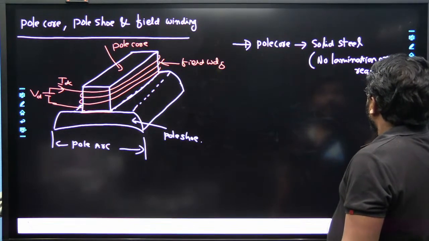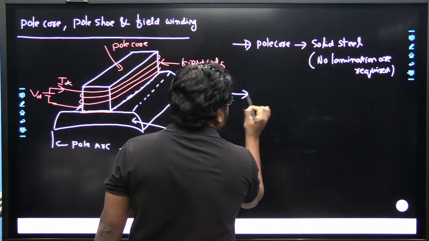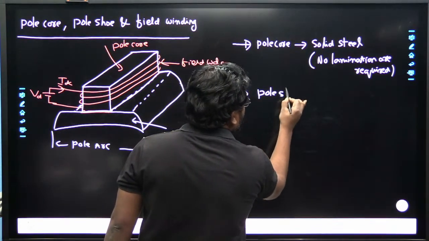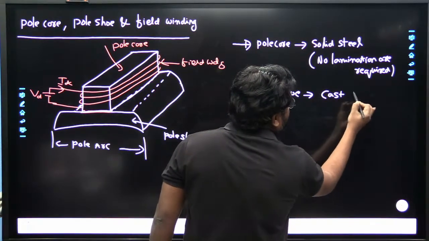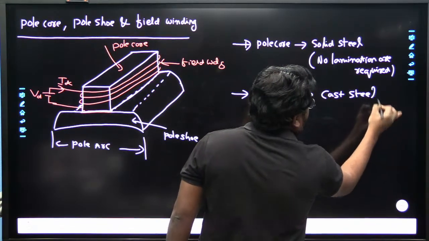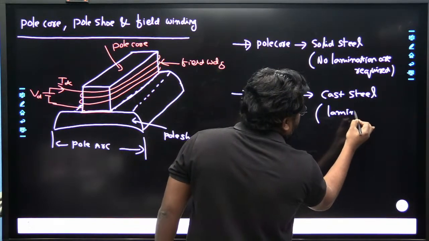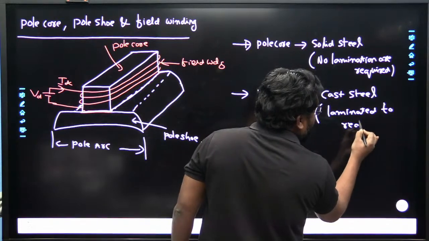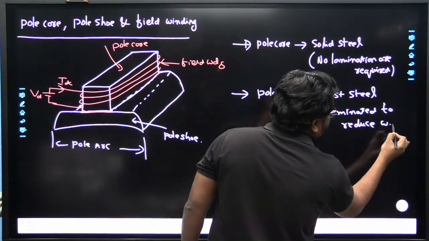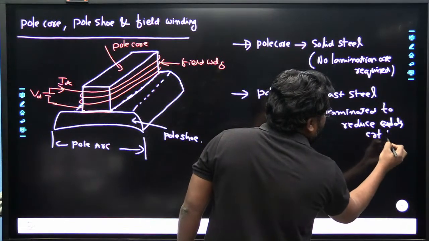The pole shoe is made with cast steel, and it should be laminated to reduce the eddy current losses of the machine.